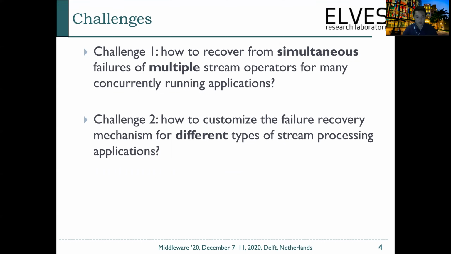The first is how to recover from simultaneous failure of multiple stream operators for many concurrently running applications, which is the same as the real world scenario. The second challenge is how to customize the failure recovery mechanism for different types of stream processing applications.